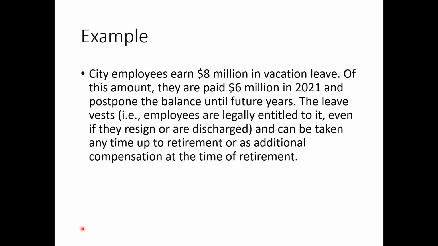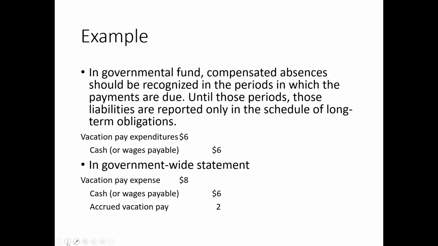So obviously for governmental fund accounting, we can only recognize 6 million in expenditures. The 2 million should be ignored because we don't know when it will be paid. So we're going to ignore that liability.